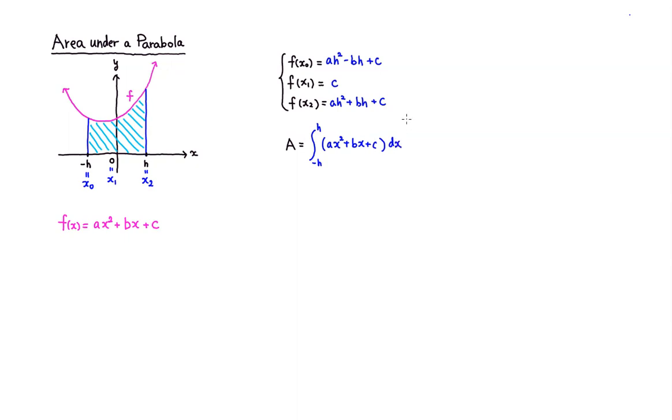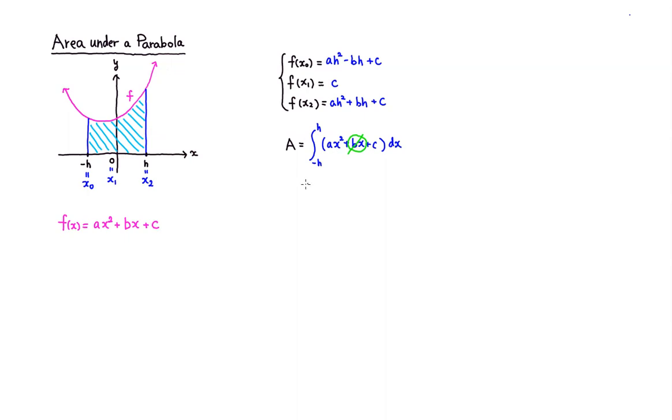And we can do a little bit of a trick to save some time. Since it's going from negative h to positive h, any odd function would produce 0. You can see that here, bx is an odd function, so this is going to produce 0. You can actually scratch that out. Since the other ones are even functions, you can just do half of it and multiply by 2.